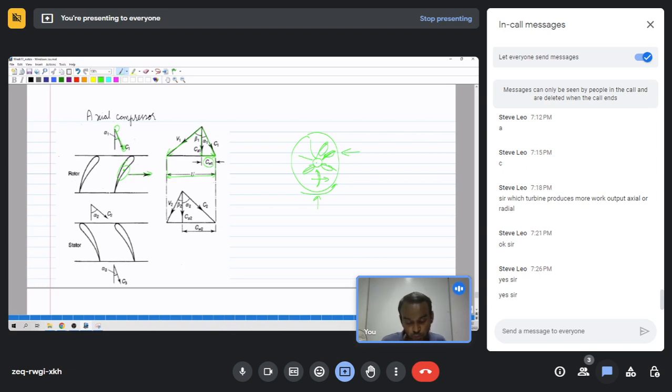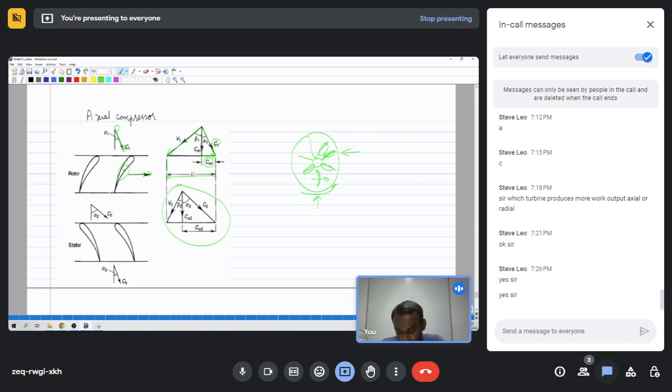But when this C1 has a whirl velocity very much higher than the U, but that is not possible, then it will see that the U1 will be on the right side. And similarly you can also tell for this.